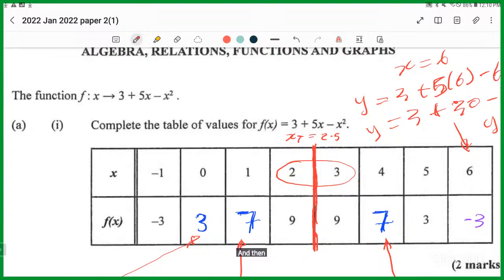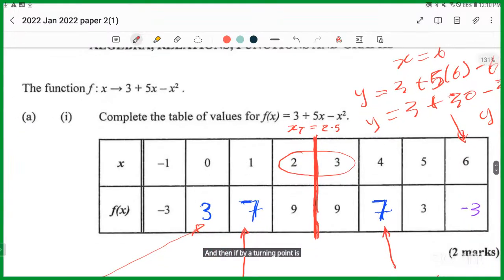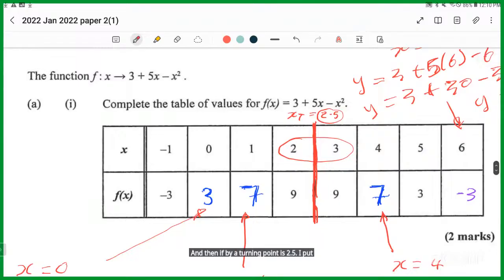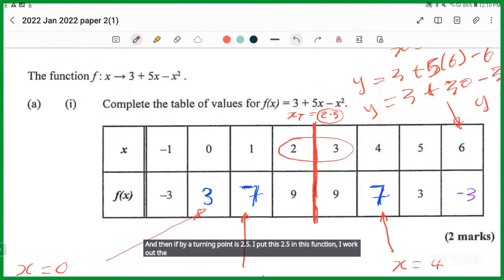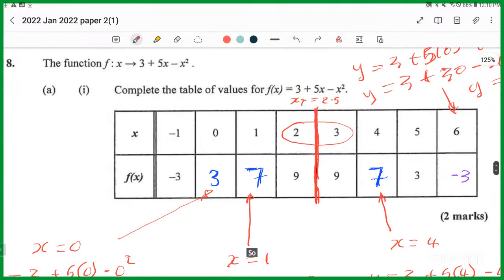And then if the x value at the turning point is 2.5, I can put this 2.5 in this function and work out the y value at that point. So the y value at the turning point will be 3 plus 5 times 2.5, minus 2.5 squared.